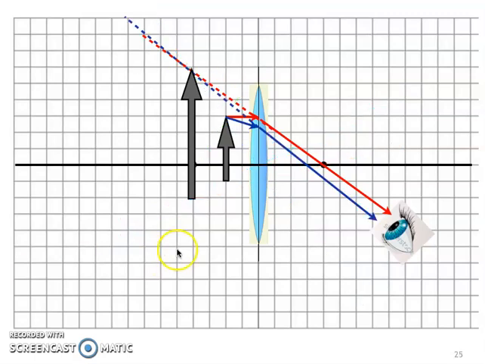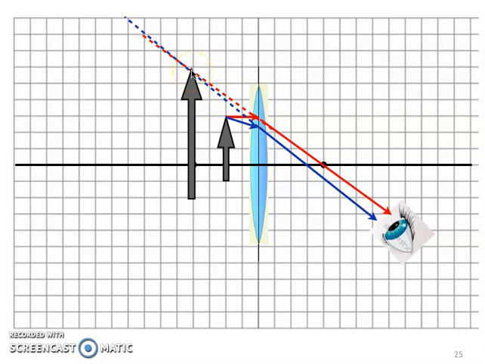So here I'm drawing in the original red principal ray, and I've added a second light ray that is not principal. But once I've located my image, I'm able to draw in this light ray, and I can see two diverging light rays entering the eye, both appearing to come from this location, the tip of the image.